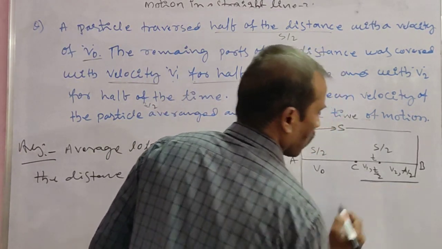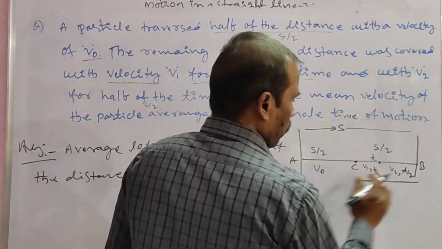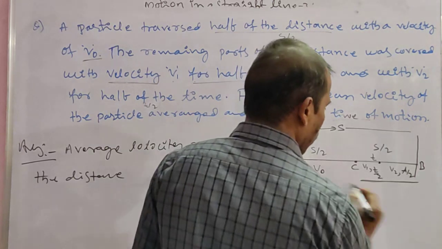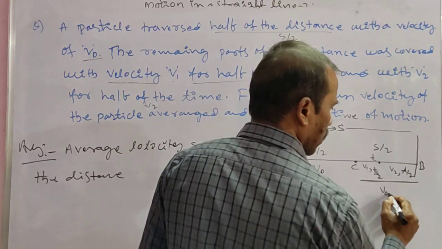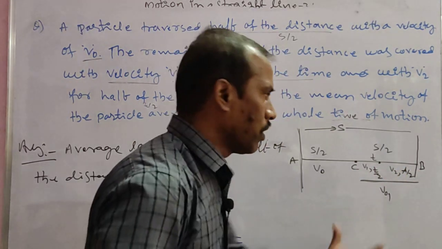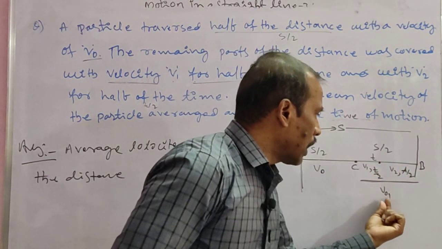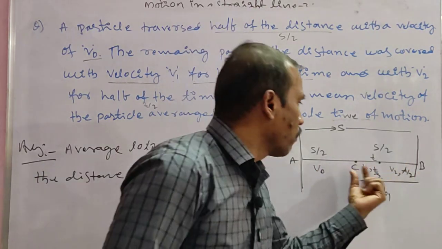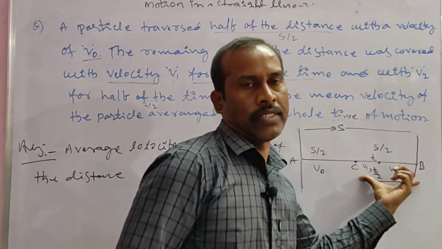Here for example V1 and V2, so write this as V0 1. This is the average velocity of the particle in between C and B.